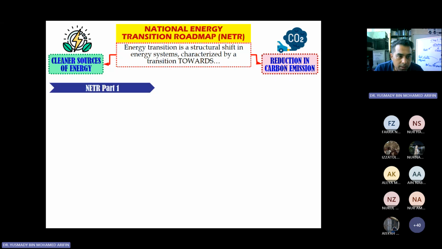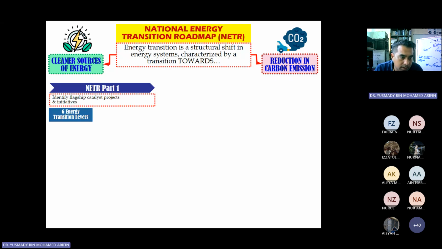Okay, so there are two parts of the roadmap. Part number one is roughly similar: identify flagship catalyst projects and initiatives. For certain factors, we want to identify the projects that can be implemented to achieve the objective of the roadmap.